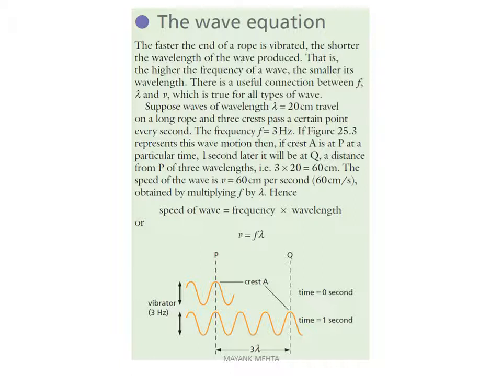Suppose waves of wavelength lambda equal to 20 centimeter travel on a long rope and 3 crests pass a certain point every second.